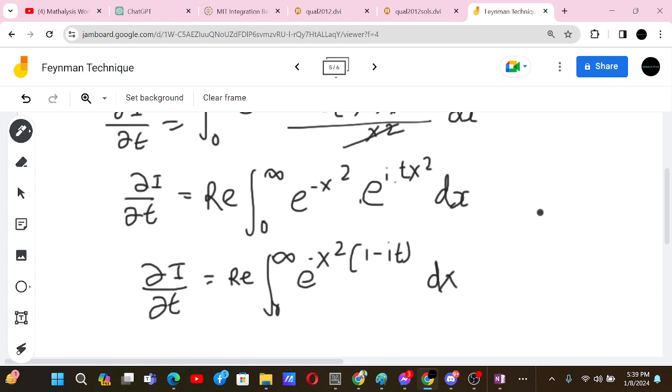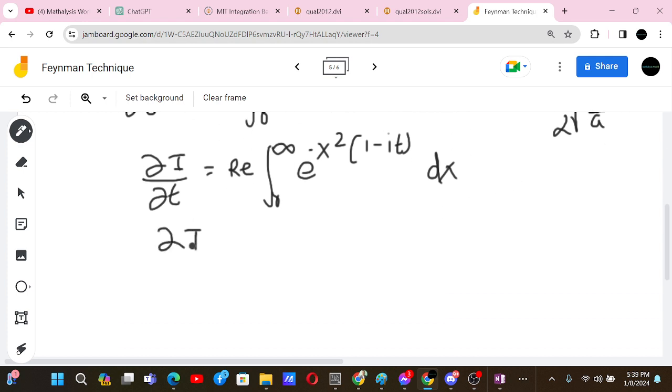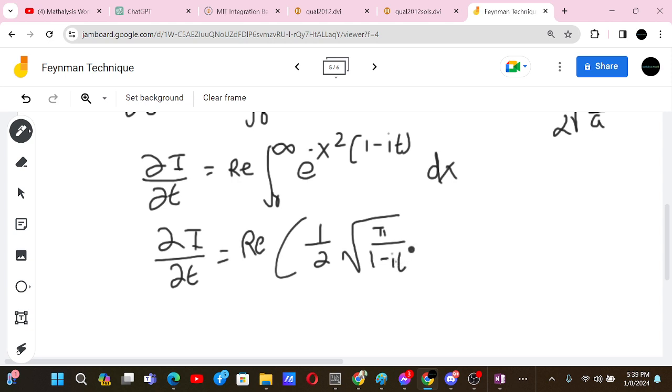dx. Now we are using a well-known formula: the integral from 0 to infinity of e to the power minus a x square dx equals root pi by a times 1 by 2. So this is a well-known result, we will use that. So dI by dt equals the real part of 1 by 2 root pi by 1 minus it.